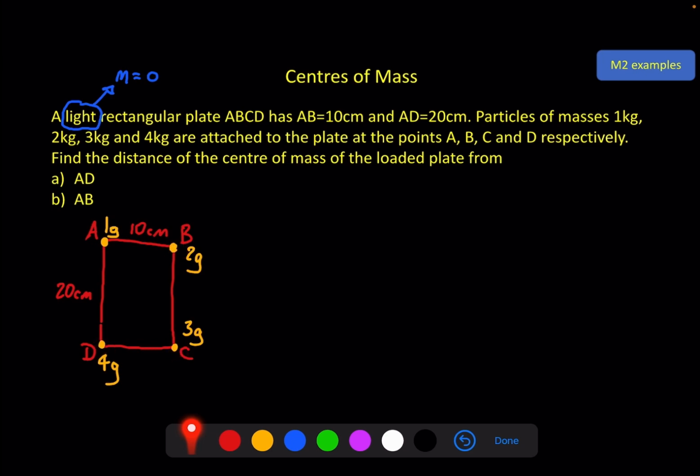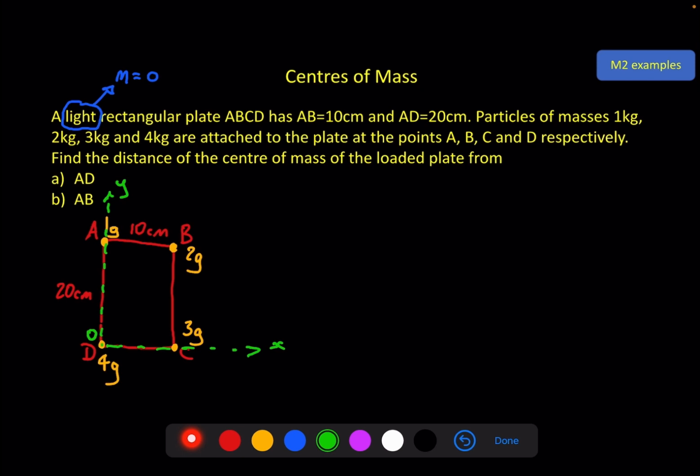So it's not really any different to having an XY coordinate grid, which is actually the very next thing I'm going to draw on. I'm going to take one of these points as a 0 point. Just because it's in the bottom left, I'm going to take this point D as the 0 point and put on an XY coordinate grid. So this would be the X, and here the Y. And the whole point of this example is to show that sometimes you'll have to put that on yourself.